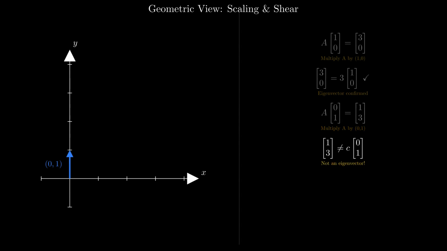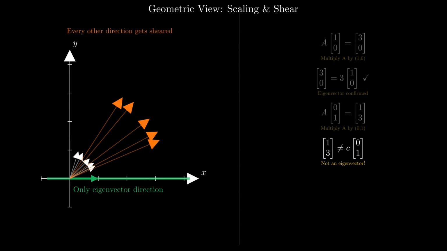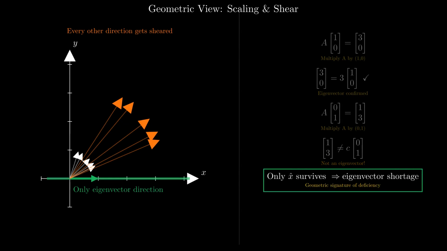That's clearly not a scalar multiple of (0, 1). The vector got pushed sideways by that off-diagonal entry. Only vectors along the x-axis remain on their own line after transformation. Every other direction gets sheared away. This is the geometric signature of an eigenvector shortage: scaling in one direction, but a shear that ruins eigenvector status everywhere else.